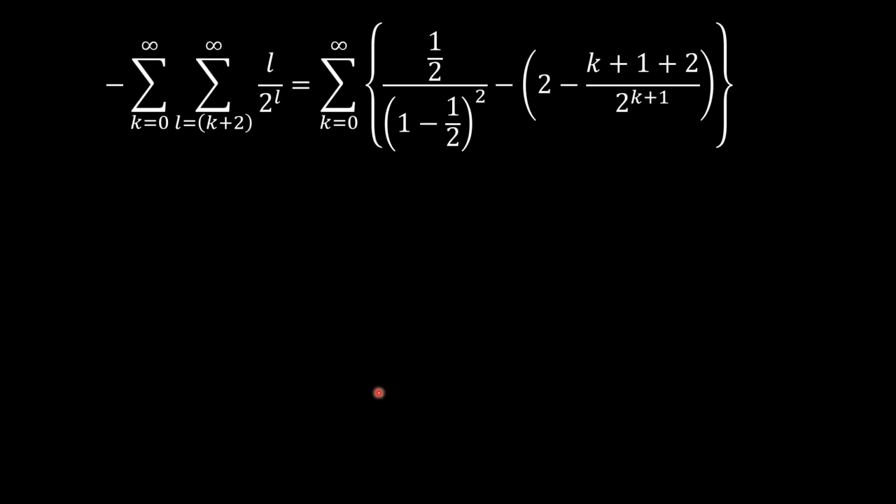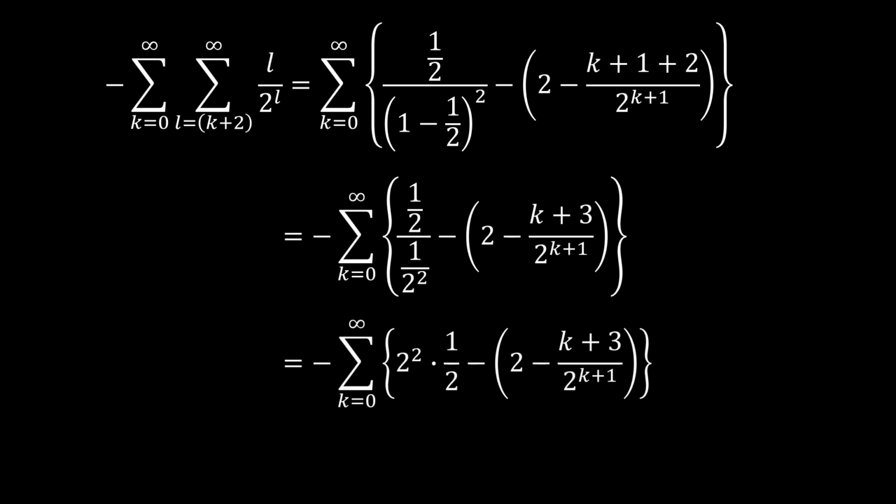But using that now, for what we have here, we see that we have the summation to infinity minus the summation up to k plus 1. So the summation to infinity is going to be a half over 1 minus a half squared, because the constant ratio here is 1 over 2, minus that sum to k plus 1, which is 2 minus (k plus 1 plus 2) over 2 to the power k plus 1.